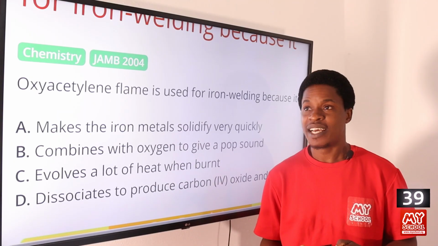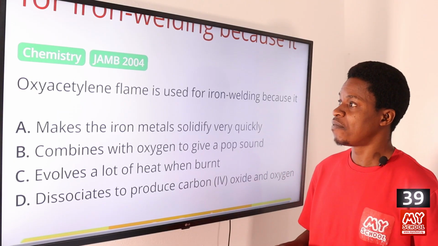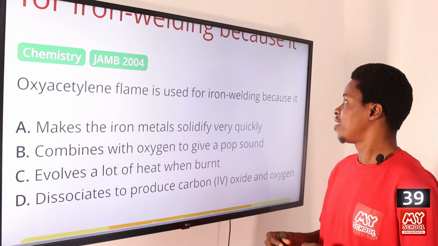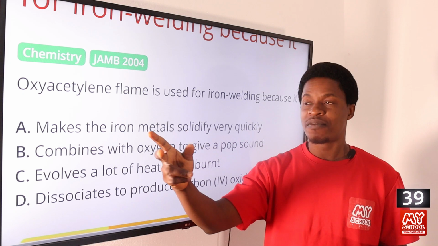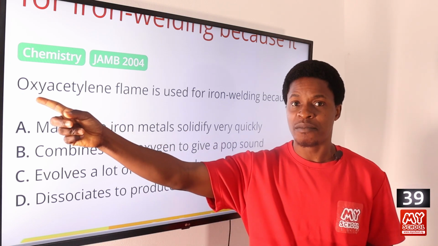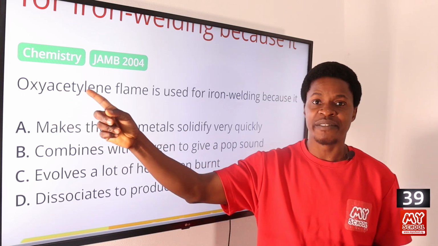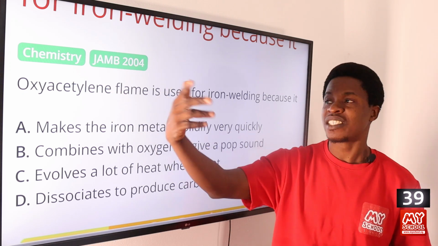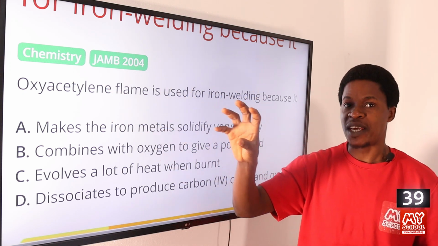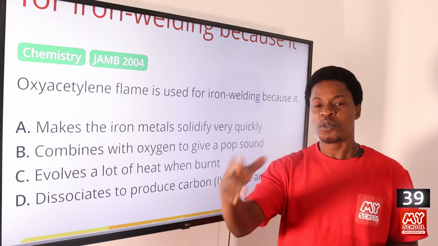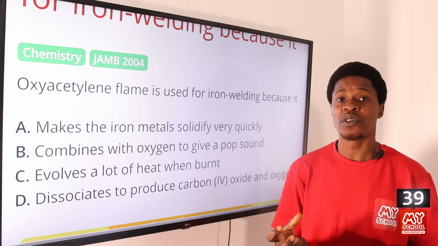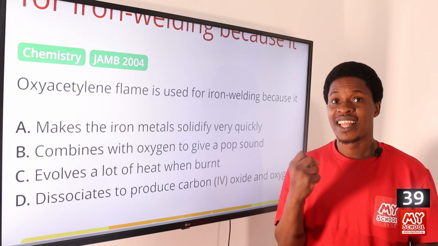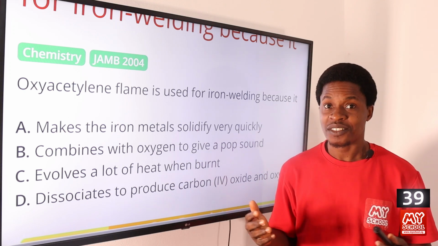Question number 39. Oxyacetylene flame is used for iron welding because it what? Oxyacetylene flame is a mixture of oxygen flame and acetylene flame. Both flames, when combined together, produce high heat. In fact, it is a very high temperature heat that can melt irons together.